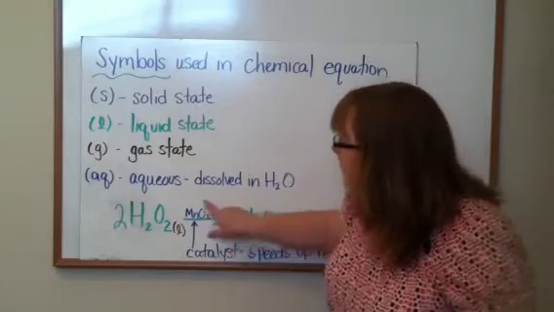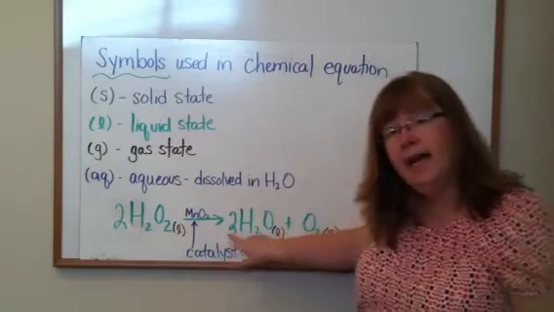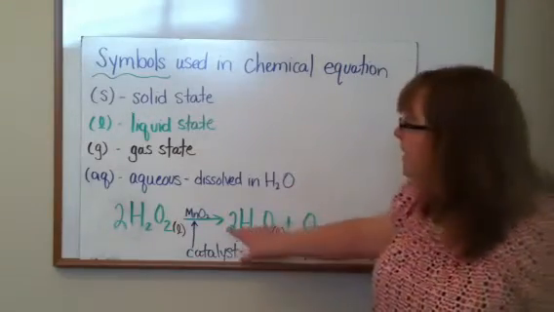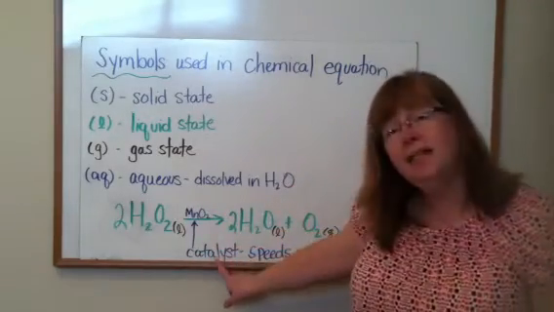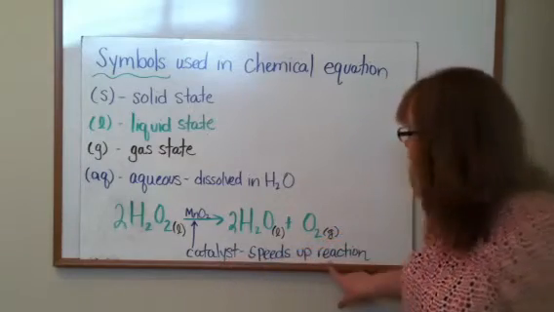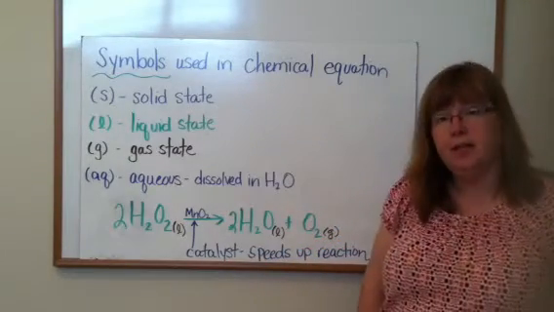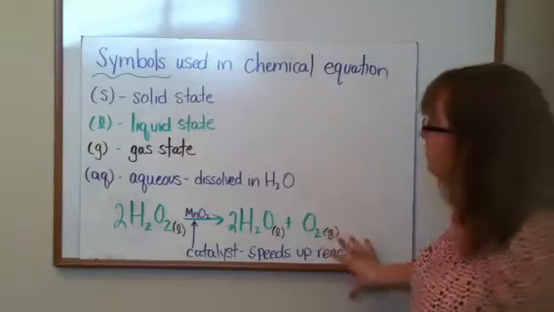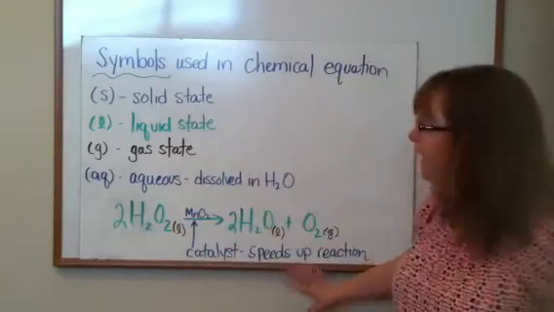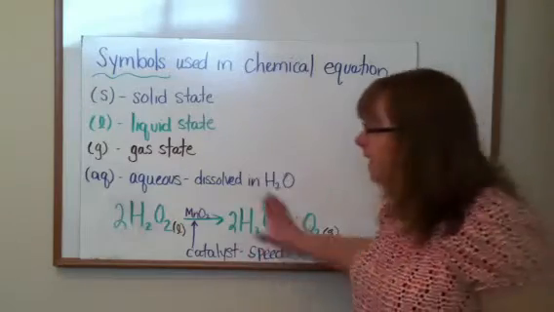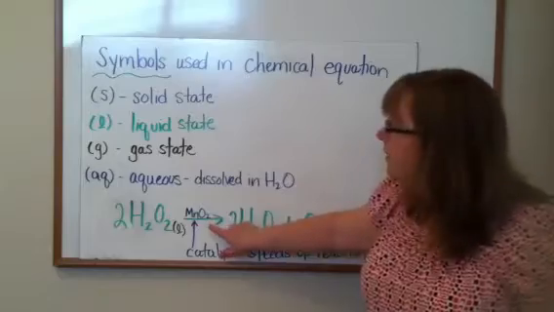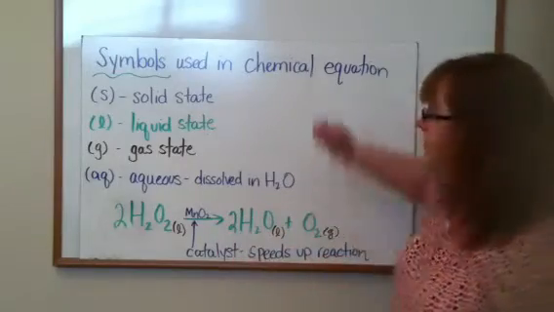When you see something written over the arrow like that, it means that, well, it's not part of the balanced equation, but in this case, it was a catalyst that was added, and a catalyst speeds up a reaction. It's like the enzyme in biology. And so it's not part of our balanced equation, but it did take part in the mechanism of this reaction that we'll talk about much later this year, and that it sped up the reaction.